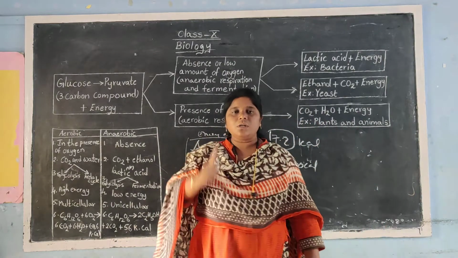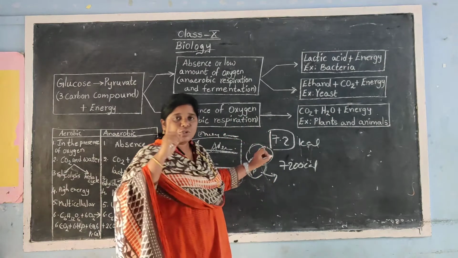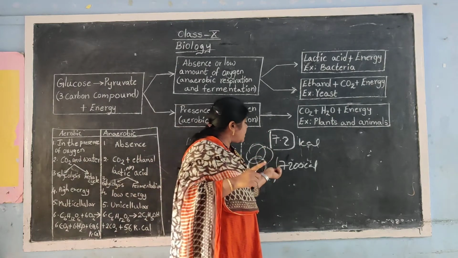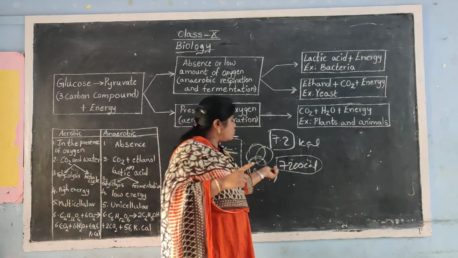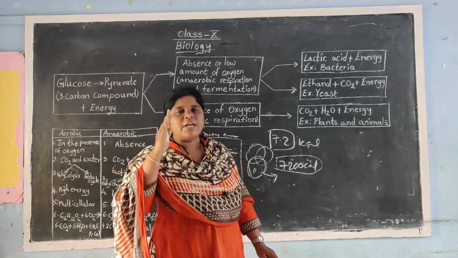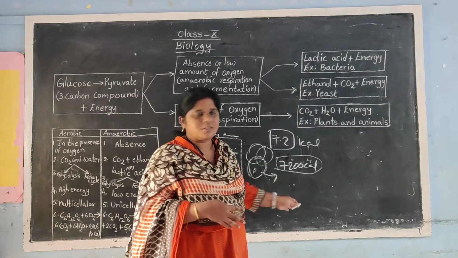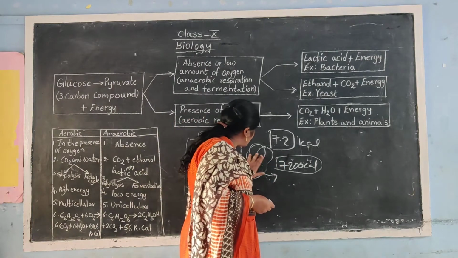Each ATP molecule can carry how much energy? 7.2 kilocalories or 7,200 calories of energy.